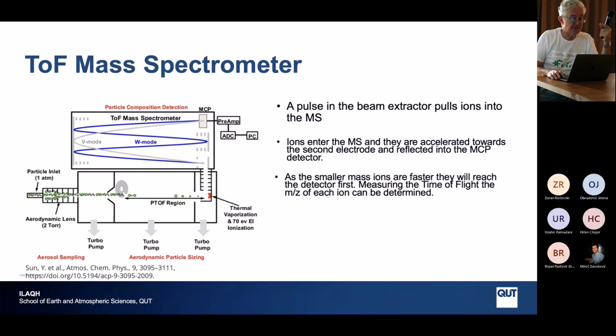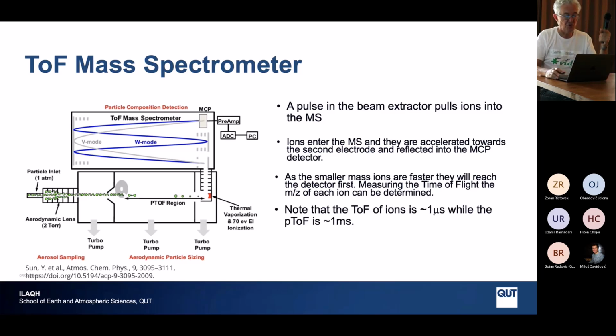The detector is an MCP detector, and they're detected as a pulse. So the detector counts the number of ions. From the time of flight, lighter ions will arrive sooner, larger ions will take longer to fly. You get the composition of the particle.